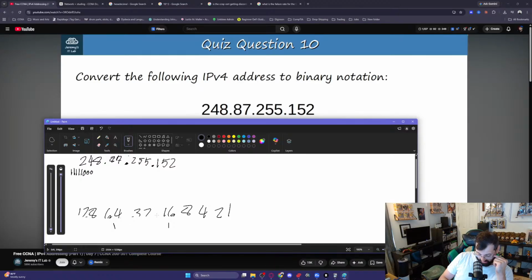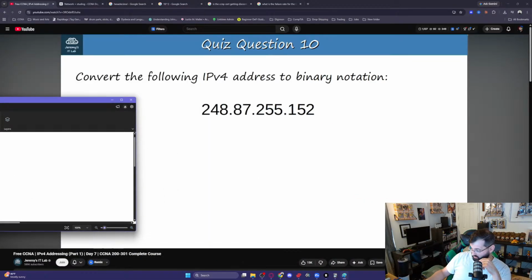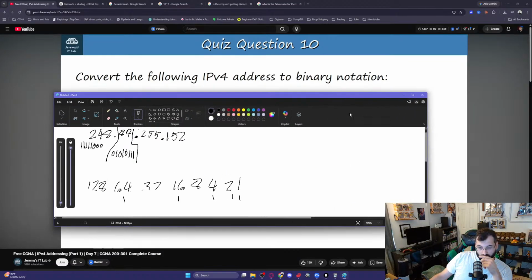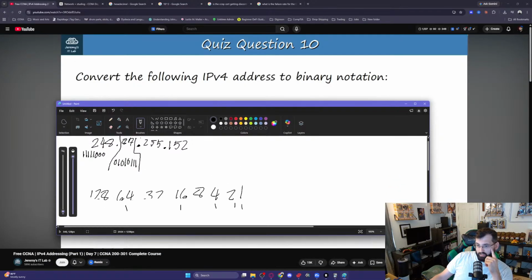That's 80. That's exactly 80. 64 plus 16. Yes. So then 87 would have to be these. 0 1 0 1 0 1 1 1. Okay. Oh, and then this is if it's 255, then it's all ones.